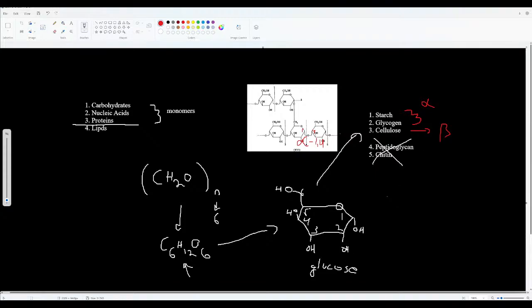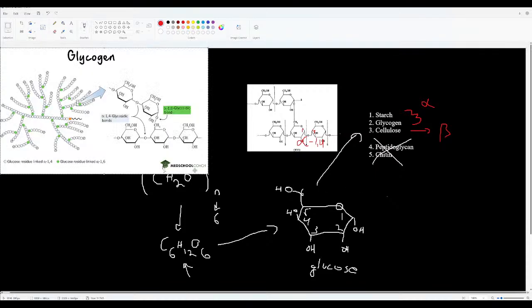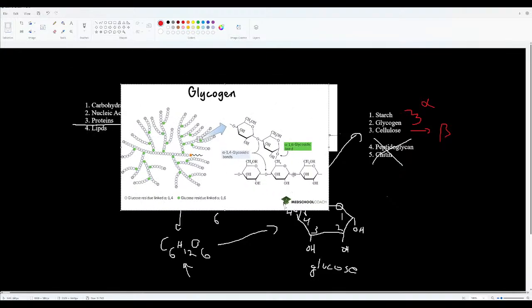So for posterity's sake, let's take a look at glycogen as well. This is an MCAT study guide, whatever. Same thing here. Glycogen is super duper branched out. And because it's not as organized as cellulose, it doesn't pack nearly as well, meaning that we can actually digest glycogen and use it for energy storage.